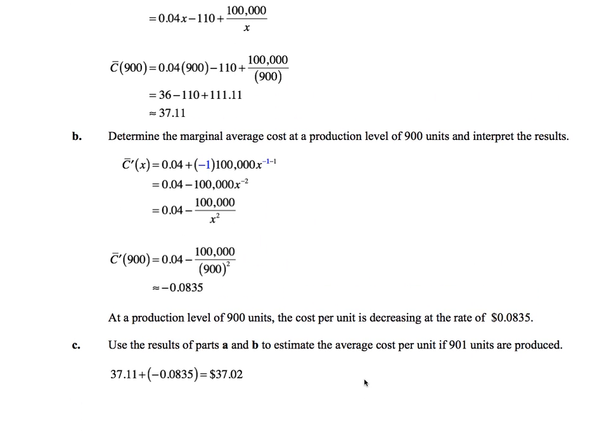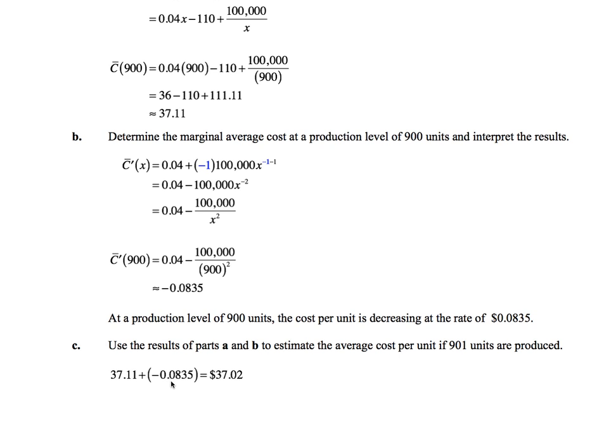And then finally it says use the results of parts A and B to estimate the average cost per unit if 901 units are produced. Well, the average cost per unit when we make 900 is $37.11. But we know that that cost is going down at about 8 cents or 8.35 cents per unit.